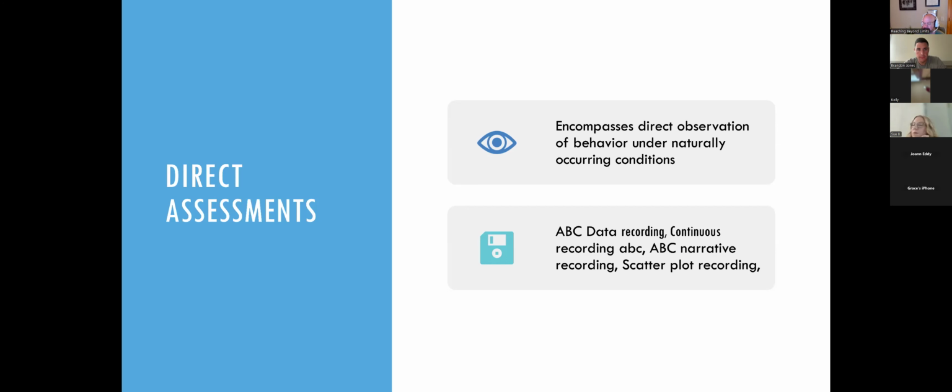One thing I like to think about when I'm trying to identify goals is that when I'm doing my direct assessments, I am observing problem behaviors, of course, but I'm also observing where the staff or stakeholders may be providing intrusive prompting, right?